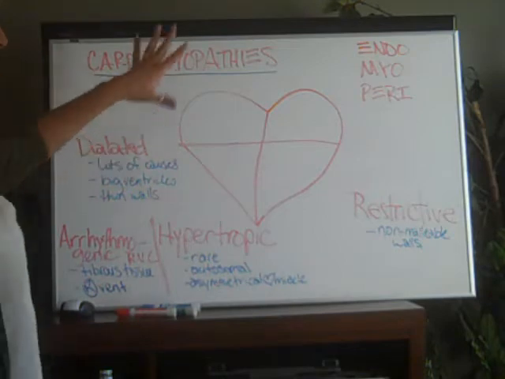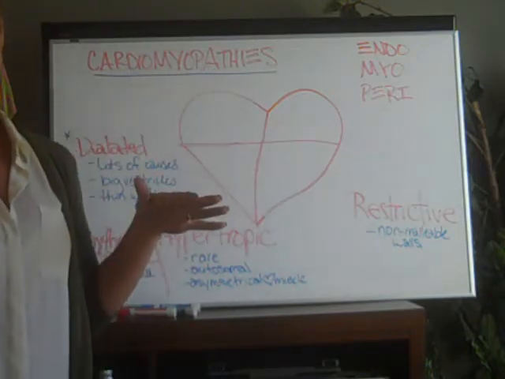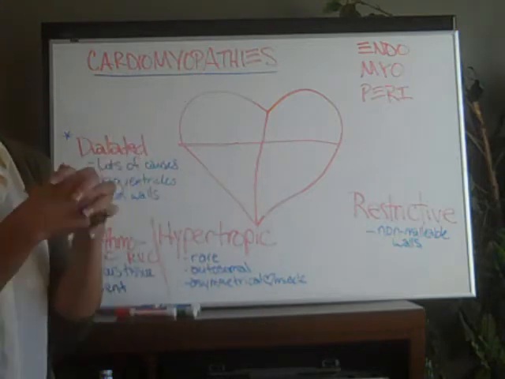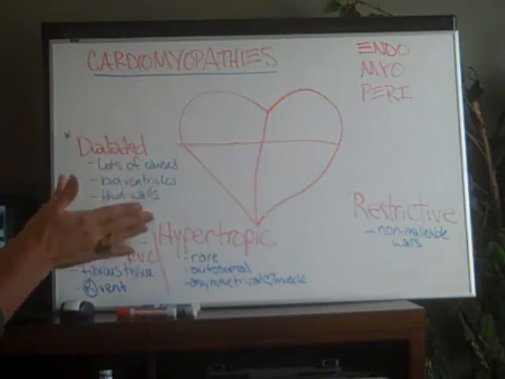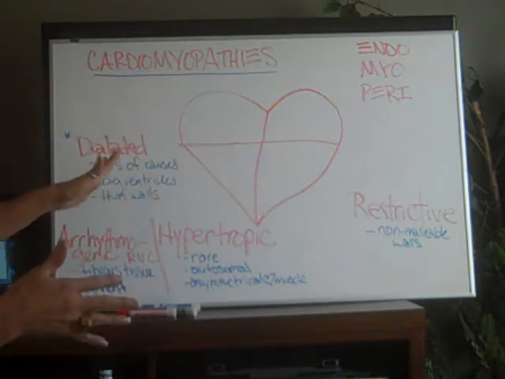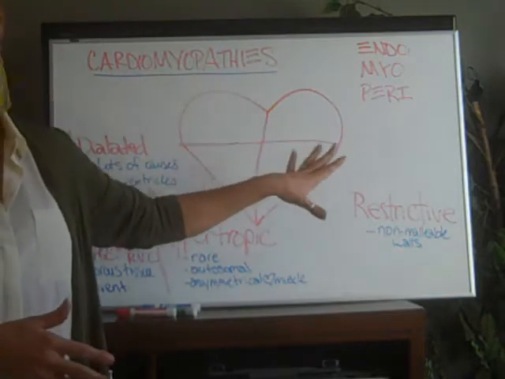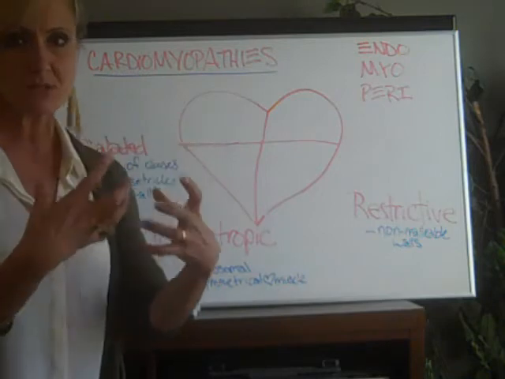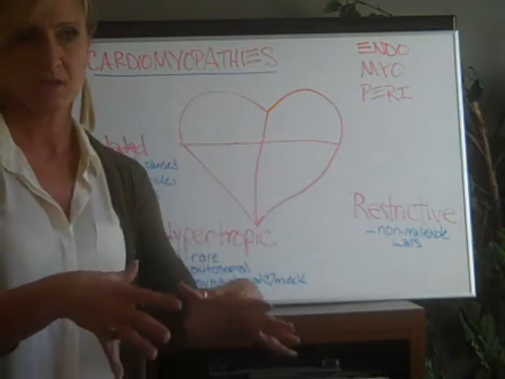So what happens in a cardiomyopathy? There's 3 or 4, kind of 5, but there's sort of 4 that you need to know about. Basically, the commonality of all the kinds of cardiomyopathies is that the actual muscle of the heart is ineffective.